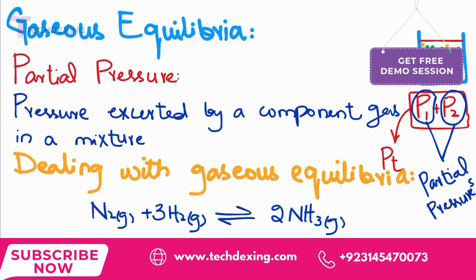But still there are certain differences between the equilibrium constant expression in terms of the partial pressure and the equilibrium constant expression in terms of the molar concentration. Got it?